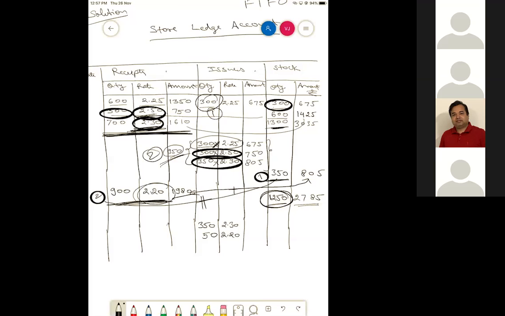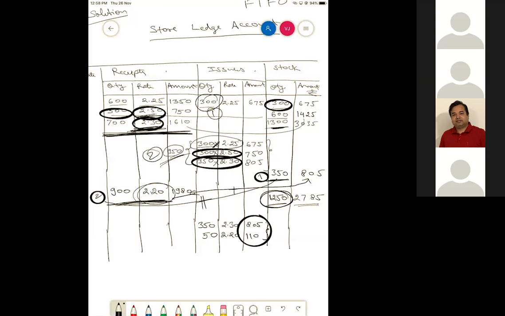Now you calculate the amount. The amount would be 805, and next would be 110. You add up. So in this, 950.